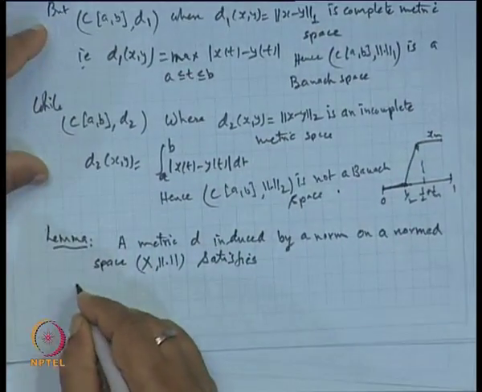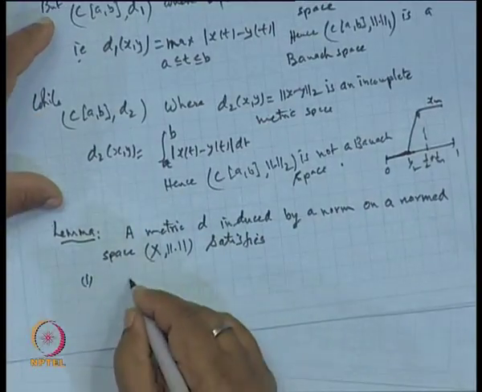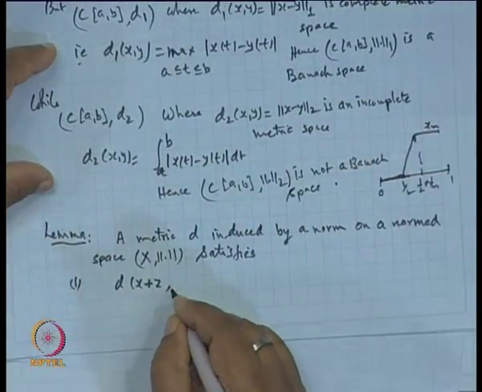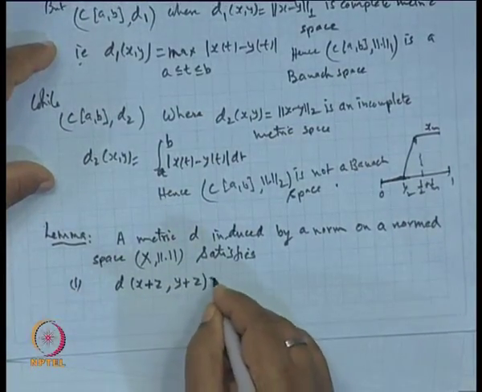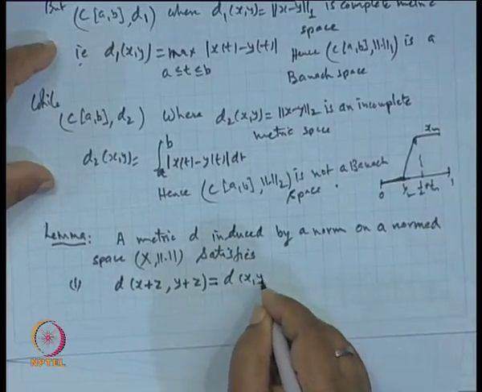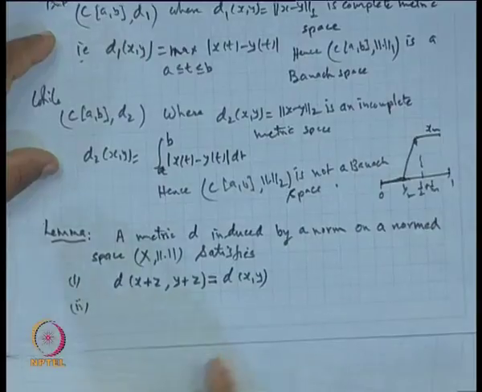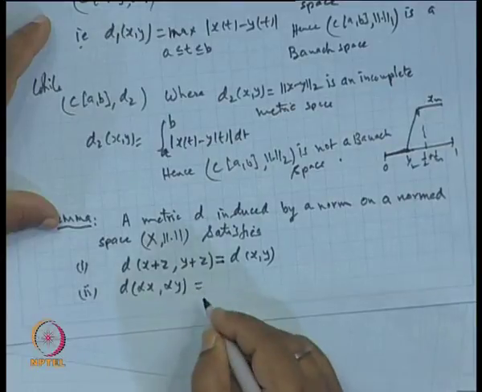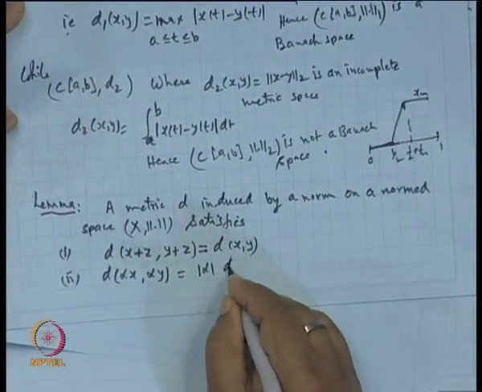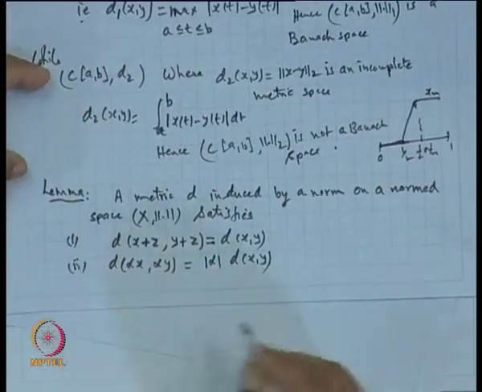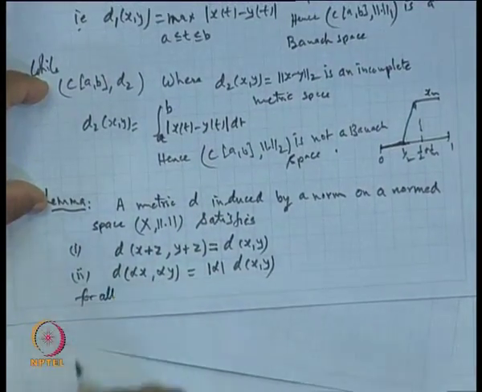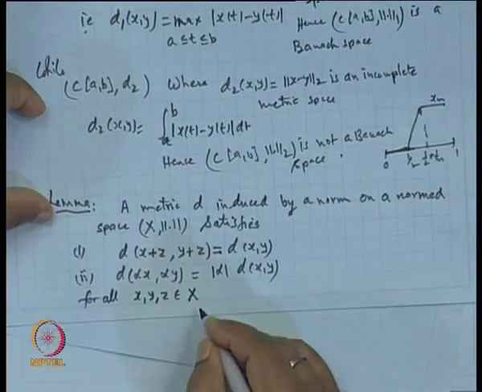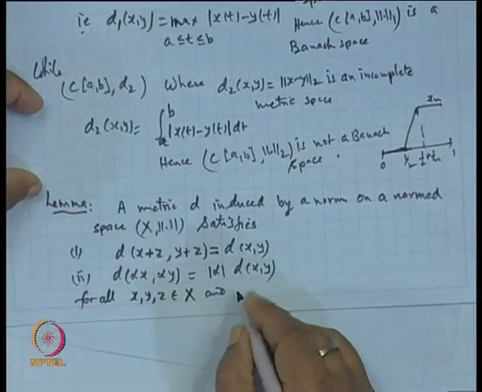Number 1, d(x plus z, y plus z) equal to d(x, y). Second one is d(alpha x, alpha y) equal to mod of alpha times d(x, y), for all x, y, z belonging to X and alpha a scalar quantity.